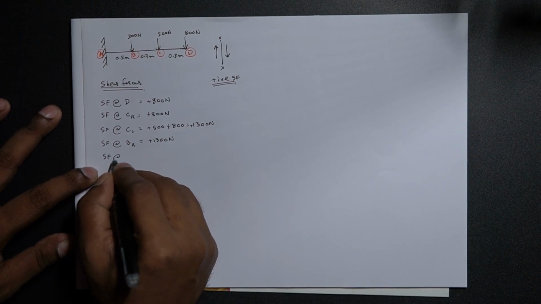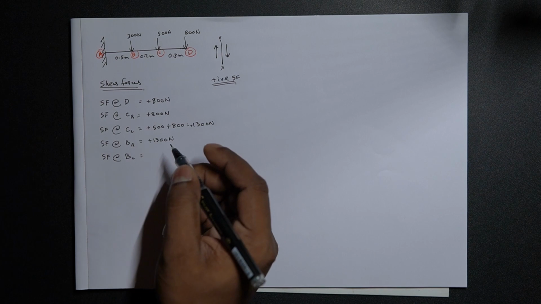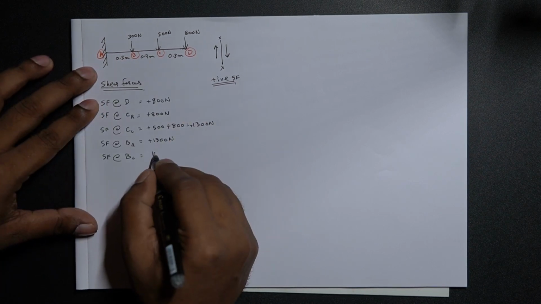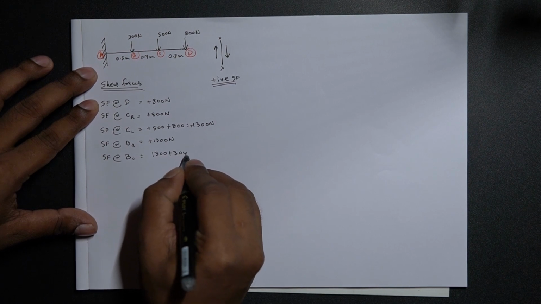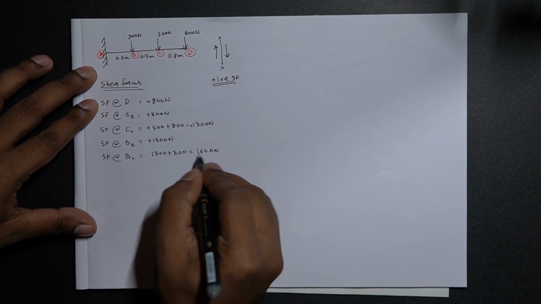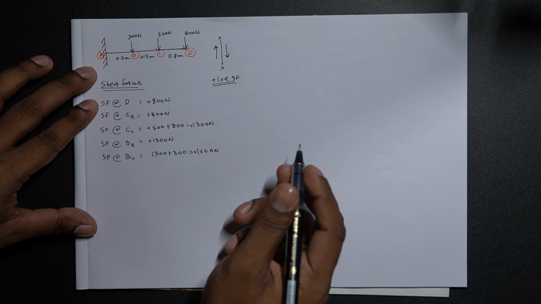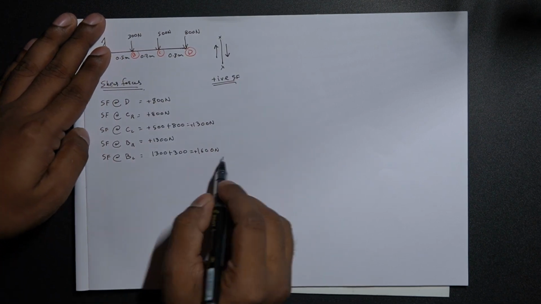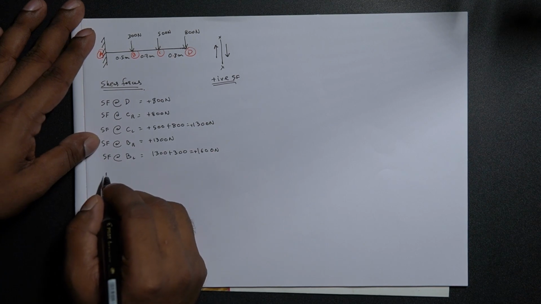Shear force at left of B. So just towards the left of the B, we have the 300 included, so that would be 1300 plus 300, that is 1600 newtons of shear force, positive. Since everything towards the right acting downward is considered positive, we have 1600 as a positive shear force.